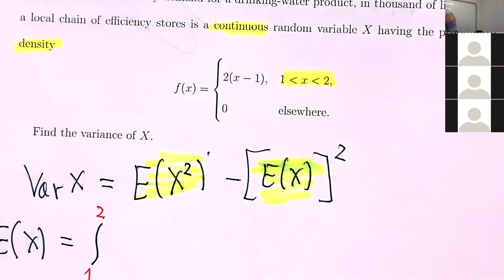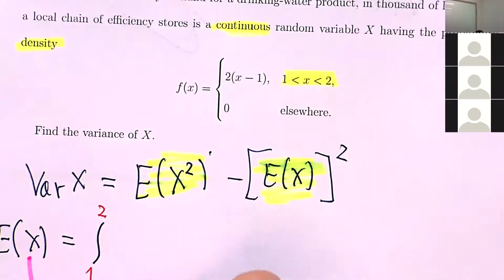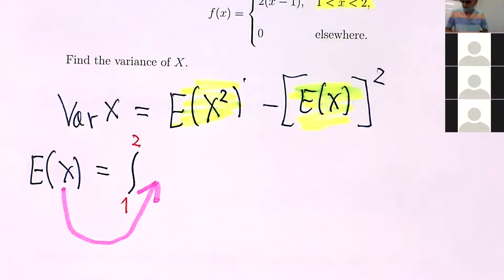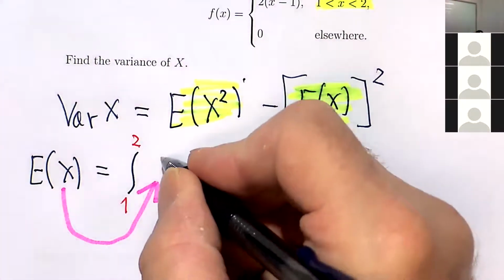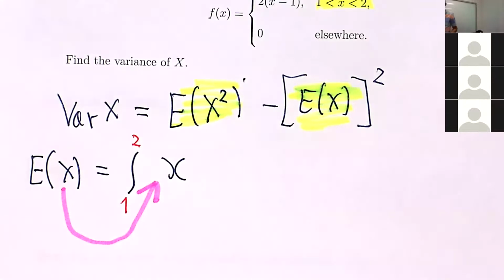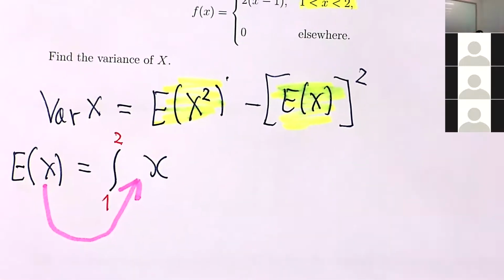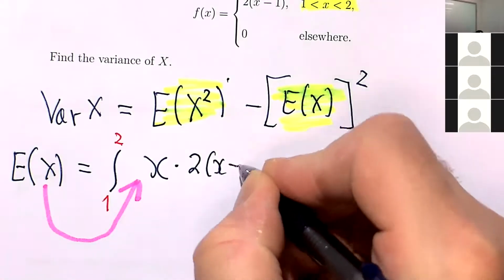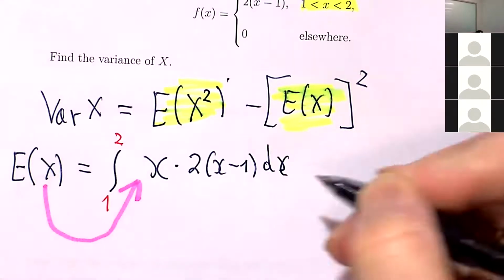Now don't forget to do the following. Big X becomes small x. So you don't simply copy the value of the probability density function. You have to multiply that by x in order to find the center of gravity, which is the mean. So x times 2 times (x minus 1) dx.